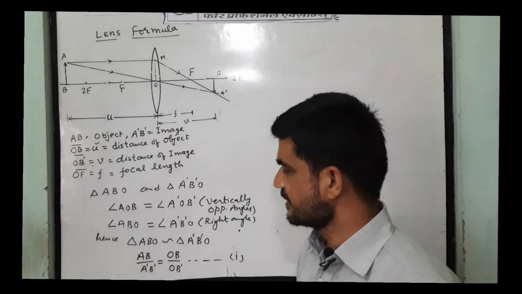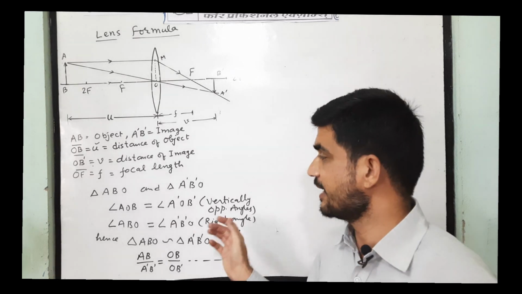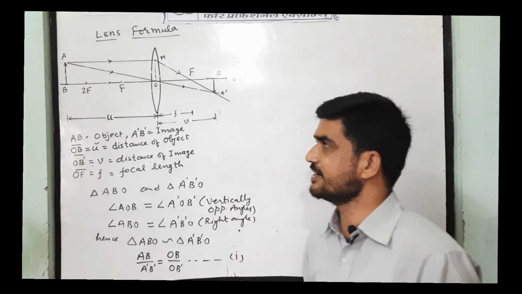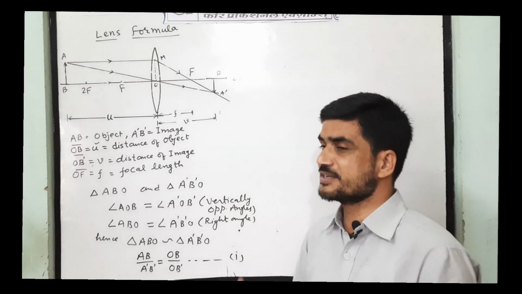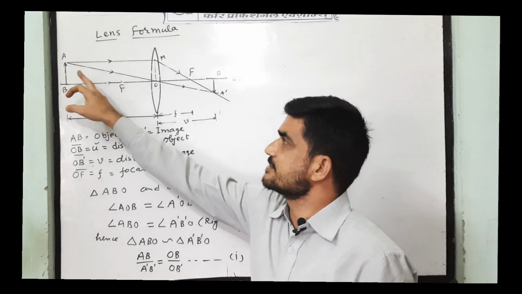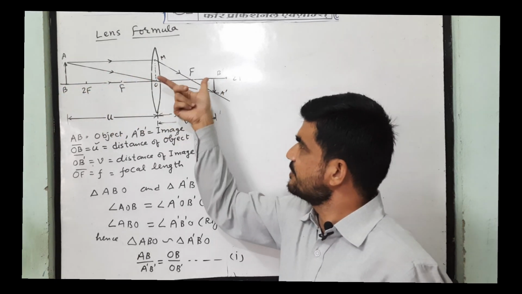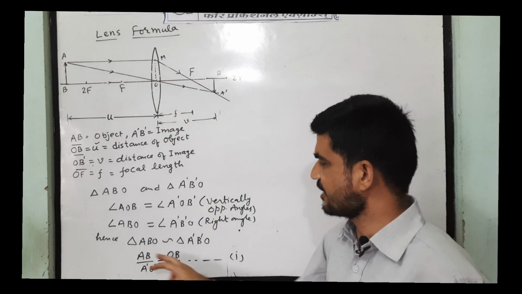It is clear that these two triangles are similar triangles, and using the properties of similar triangles, the corresponding sides' ratios are equal. So this side is corresponding to this side and this side is corresponding to this side. So their ratios are equal.